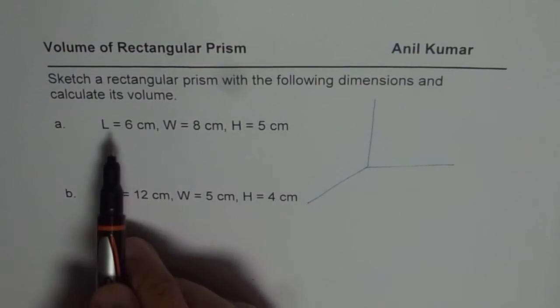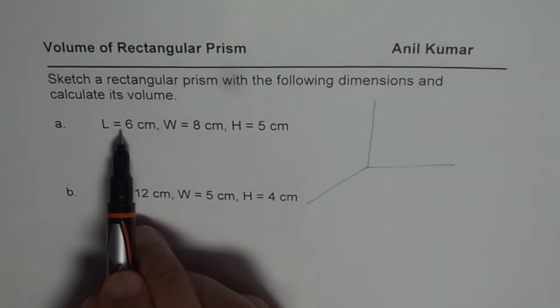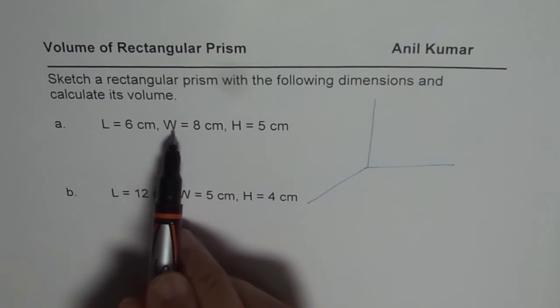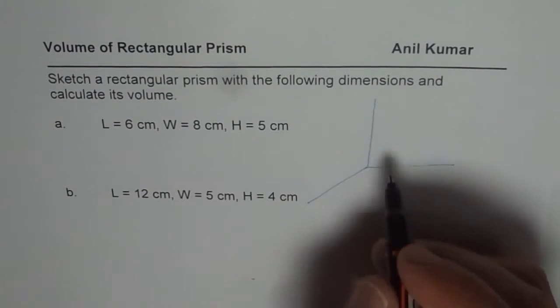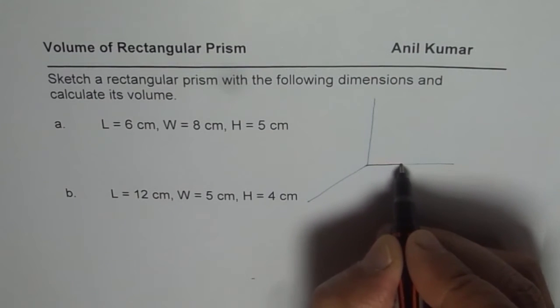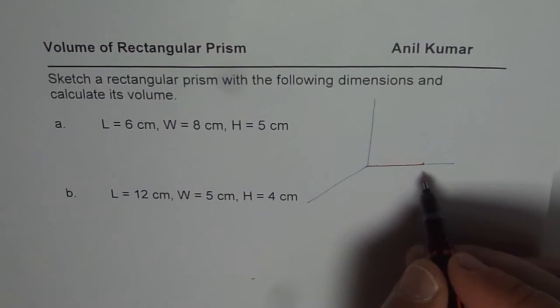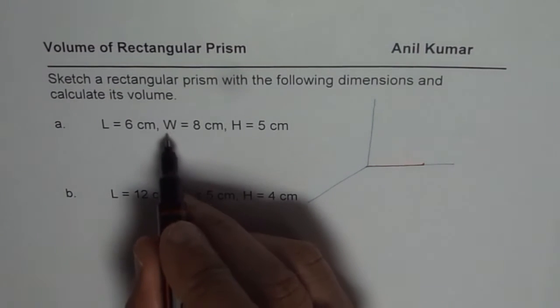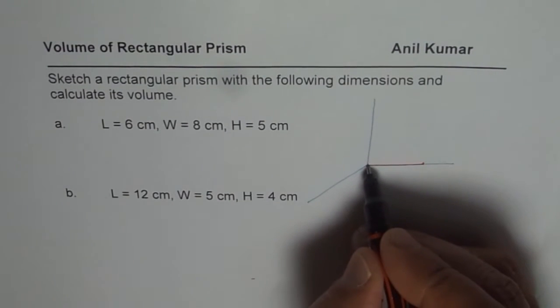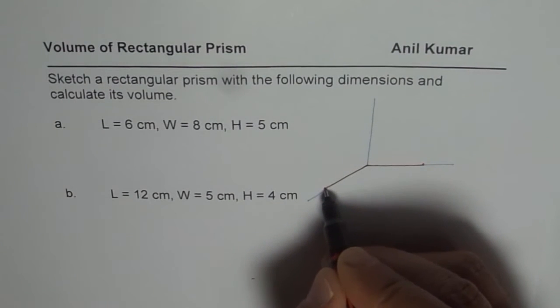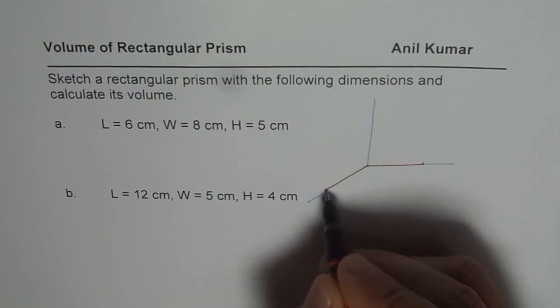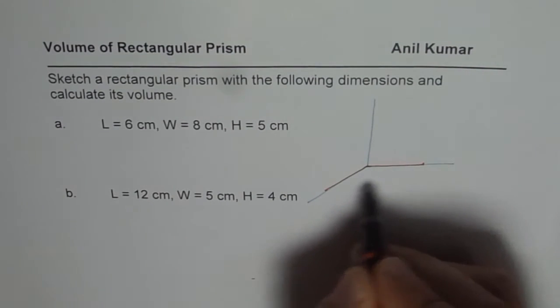So let us sketch this one, where the length is 6 centimeters and the width is 8 centimeters. Let me take the length along this, let us say 6. I'm not using a scale, but we are making approximate diagrams. The width is 8, so more than this, so I will make it broader. So I can say this is my length, this is my width.